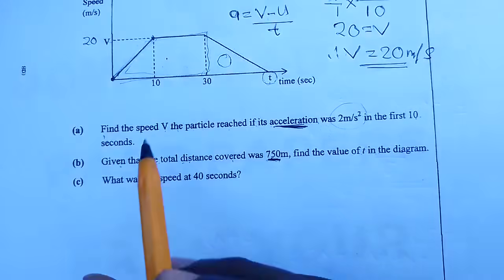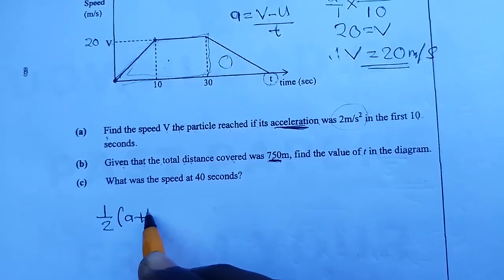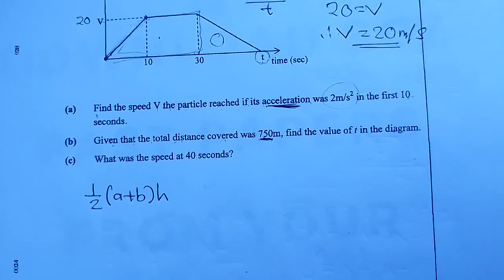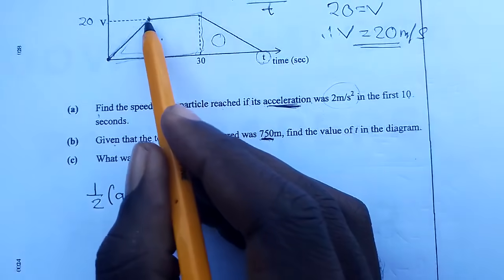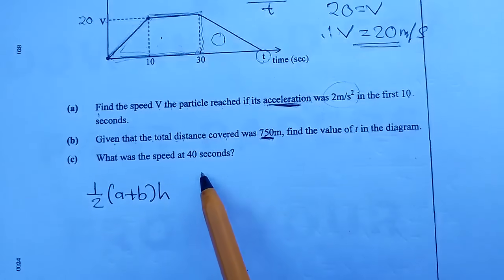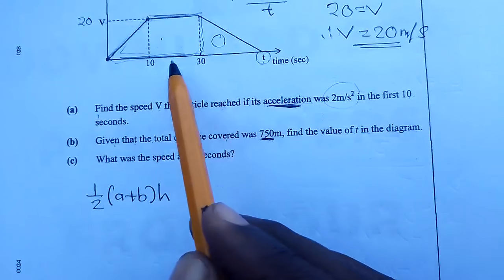So you say that is half, then (a plus b) h. That is the formula for a trapezium, where a is this and the other one is b. What is your a from here to there? It is 30 minus 10, 20.